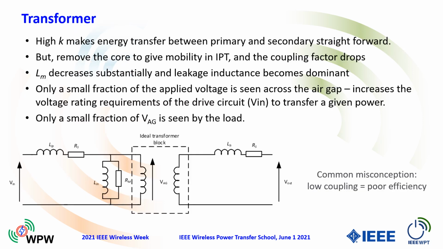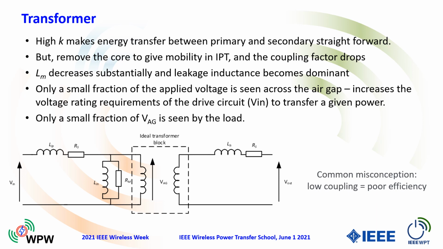You'll have then seen probably in your undergraduate material the equivalent circuit model of a transformer, and this is one that's often used in power engineering, and it has the concept here of coupling factor not being as high as 1 through the introduction of the primary and secondary leakage inductances.